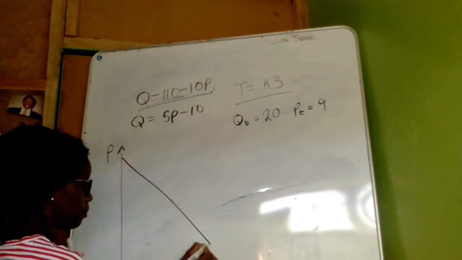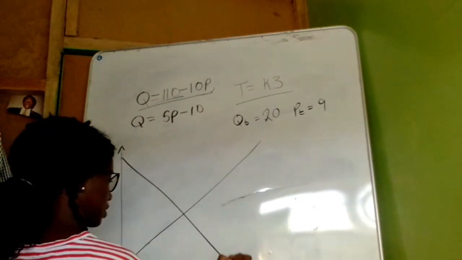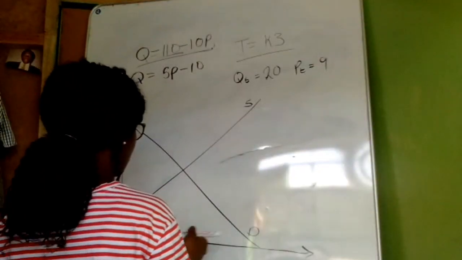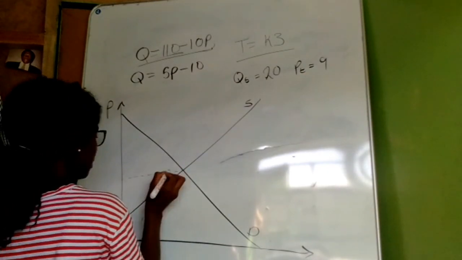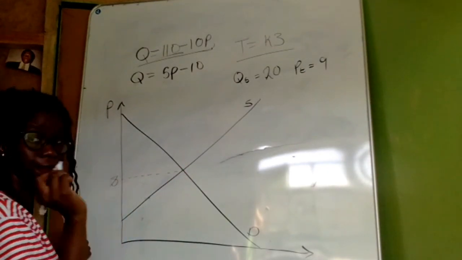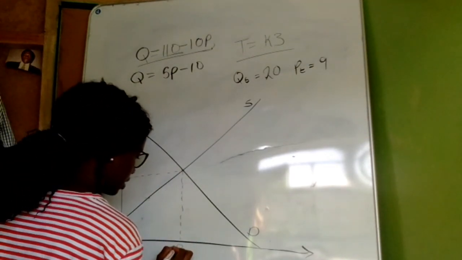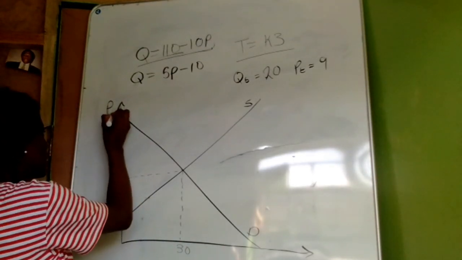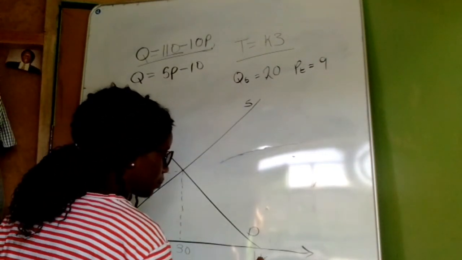So we have demand and our supply. So this is demand, this is supply. So our equilibrium price was 8. The first equilibrium quantity was 30. We had a 2 here, and we had an 11 here. We also had a 110 here.